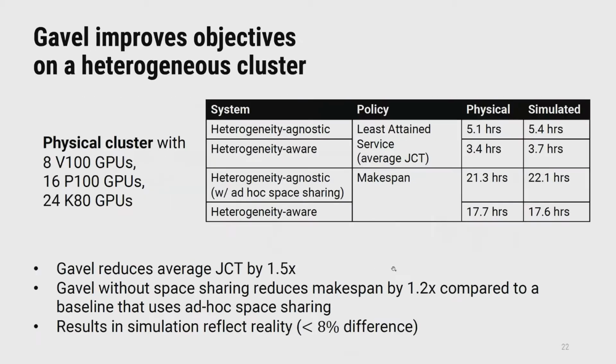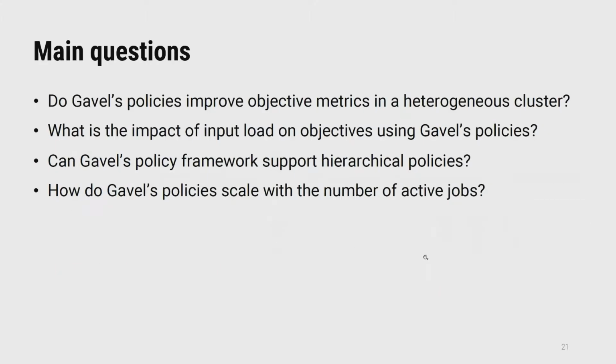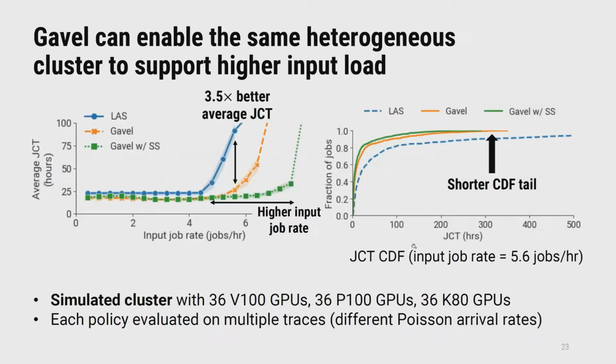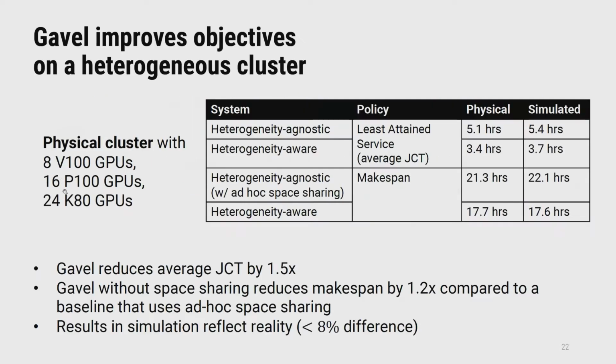So they do some evaluation trying to answer some basic questions. Let's see what's interesting here. If you look at the average JCT as one of the goals, their cluster apparently has different numbers of GPUs.